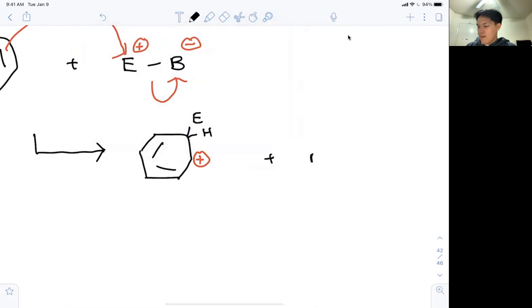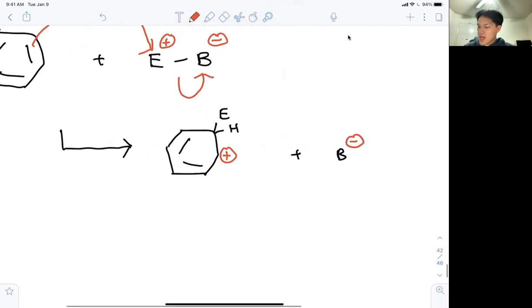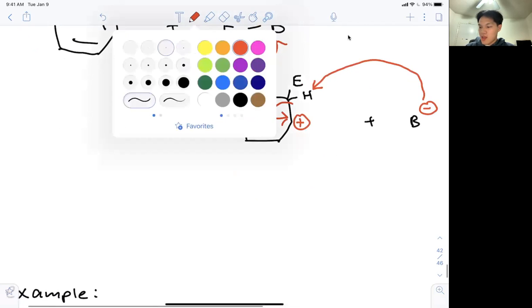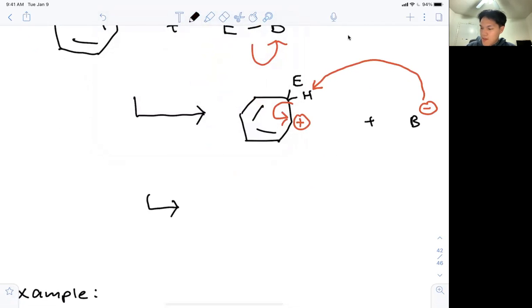And then we also have that base, right? So now, instead of the base attacking that, we can form a double bond where it attacks that acidic hydrogen, and that bond goes here to form that double bond. Like that. We still have our electrophile here, but now we have HB.